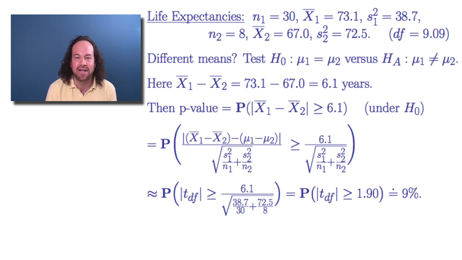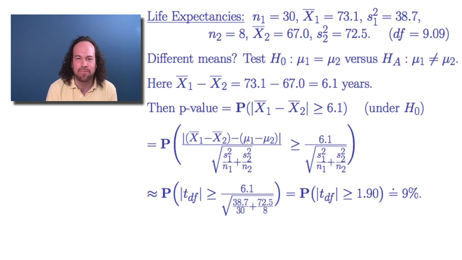Well, again, we subtract off the mean even though it's 0. We divide by the square root of the sample variance that we compute, and we say it's the probability that the absolute value of a t-distribution with now 9.09 degrees of freedom is bigger than or equal to this number that, when you plug it all in, is 1.90. And that's approximately a 9% probability. Now that's not so small.